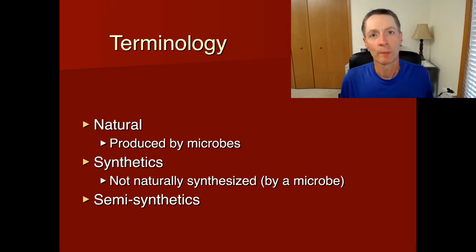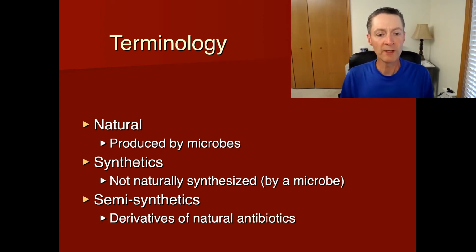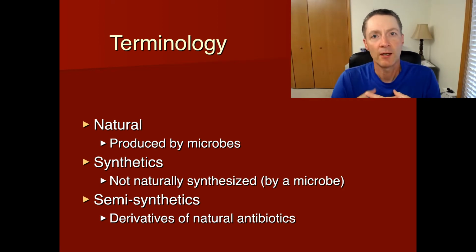Finally, we can talk about semi-synthetic antibiotics. These semi-synthetic drugs would be derivatives of the natural antibiotics. So in this case, you're taking naturally occurring chemicals, collecting them and purifying them, and then altering them chemically in the laboratory to achieve certain characteristics that might be beneficial.